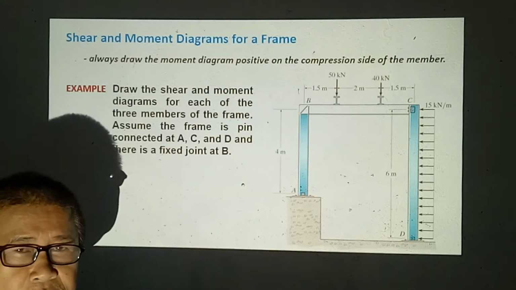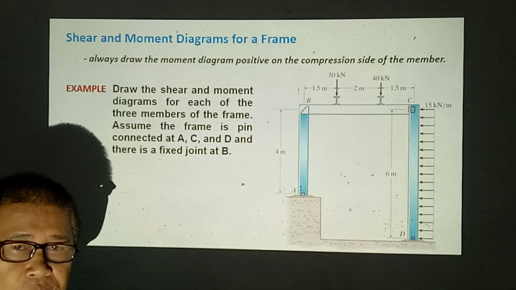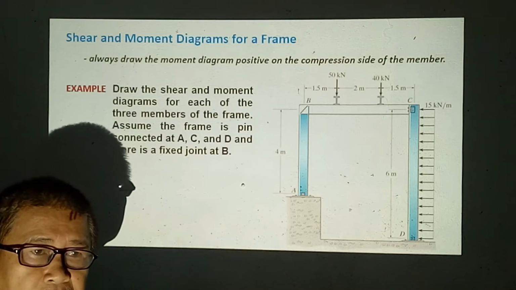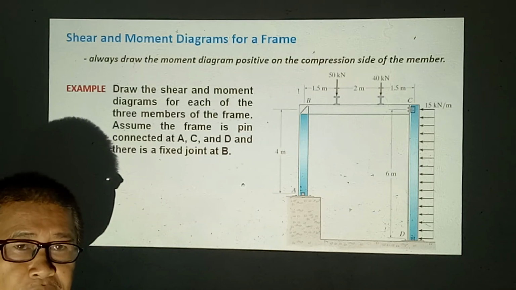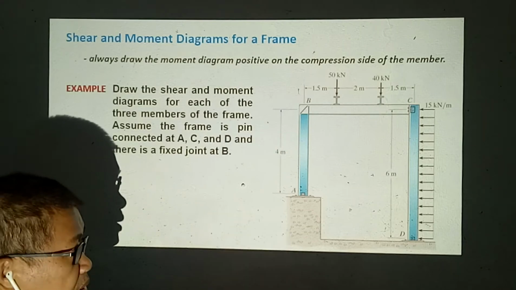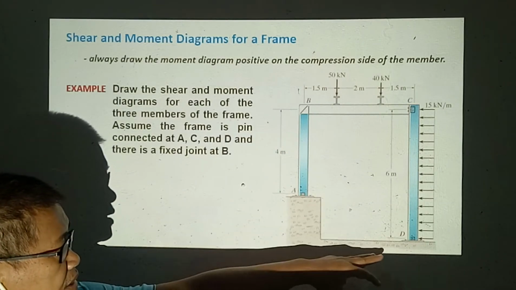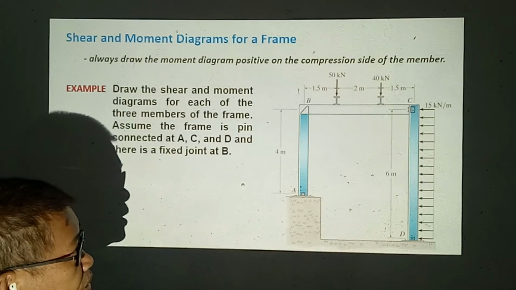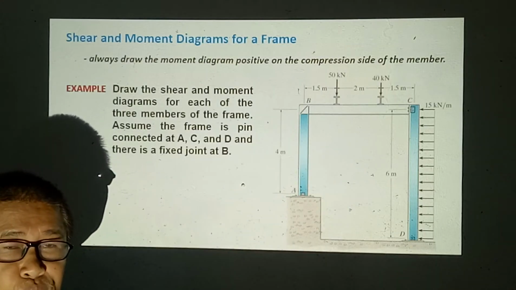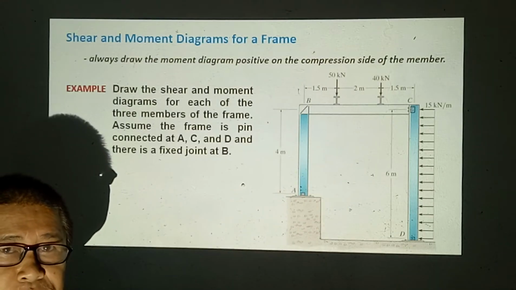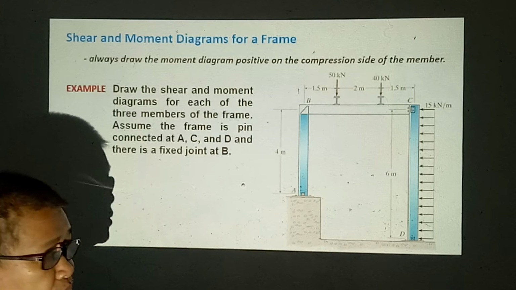So this joint will have three unknown values, vertical and horizontal reactions and a moment, while A and D, as well as C, will have only two reactions, vertical and horizontal, without moment because they are pin connected.